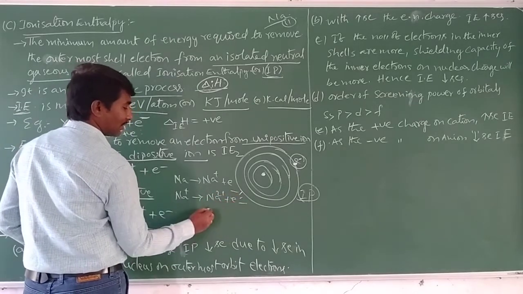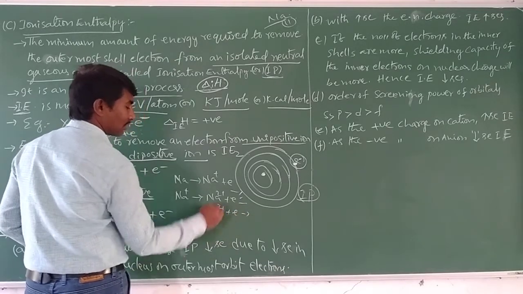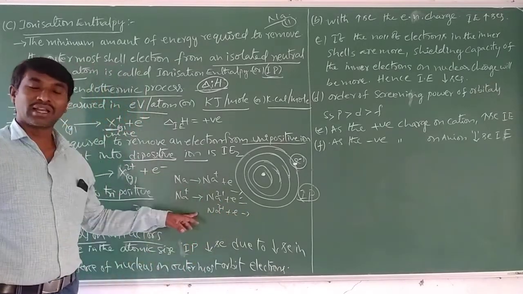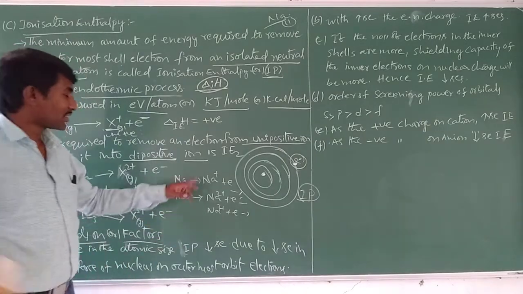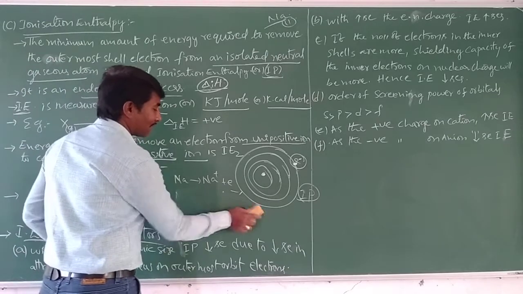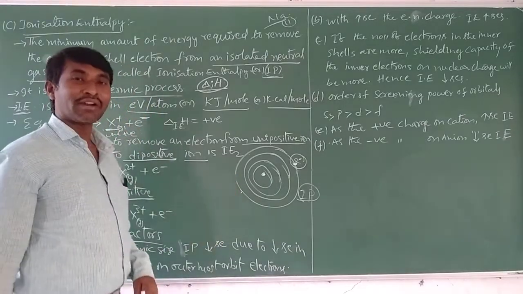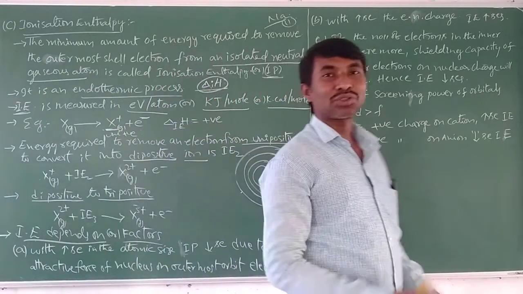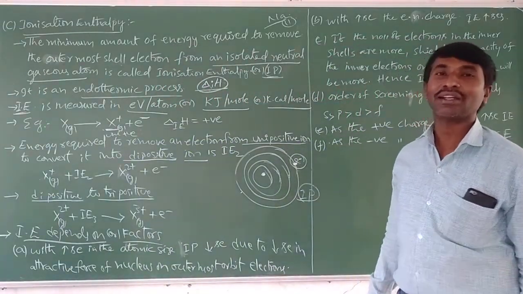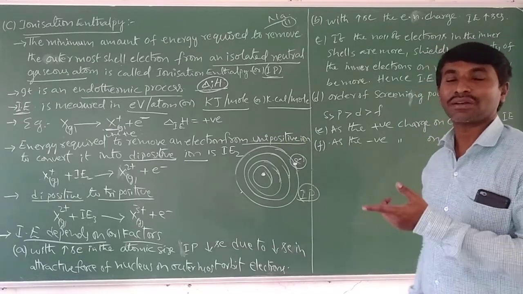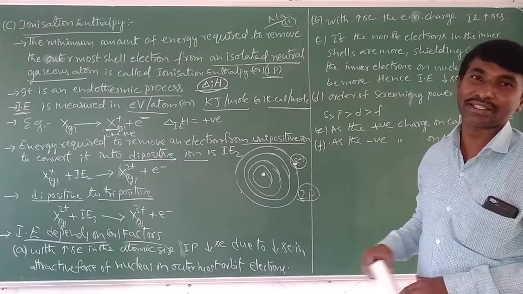This is the second one. Na3 plus plus an electron is the third one. Like this, up to 11 possibilities are there. However, from the first to the second, third and fourth, the required energy increases to remove the outermost electron from a positively charged or neutral gaseous atom.